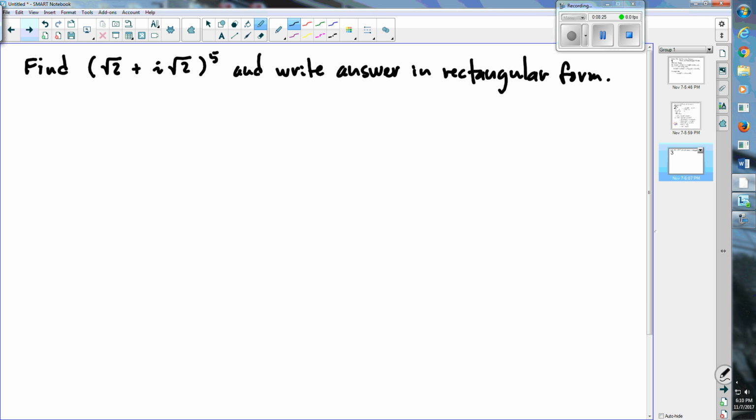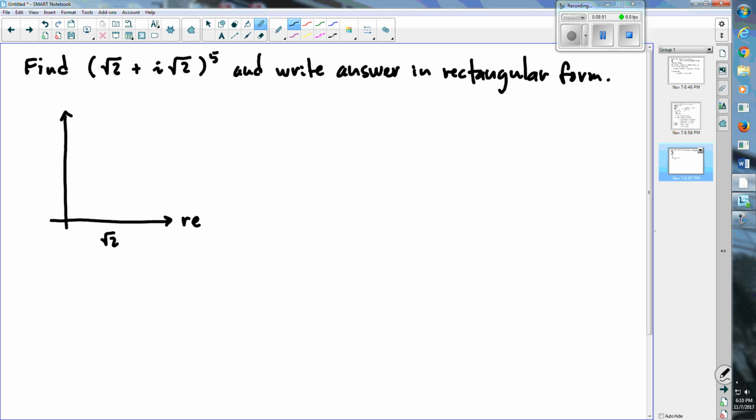This one says find √2 plus i √2, that number raised to the 5th power, and write the answer in rectangular form. So I'm going to start the same way that we started the last question. I'm going to graph this along the real axis, the horizontal axis. It has a length of √2.